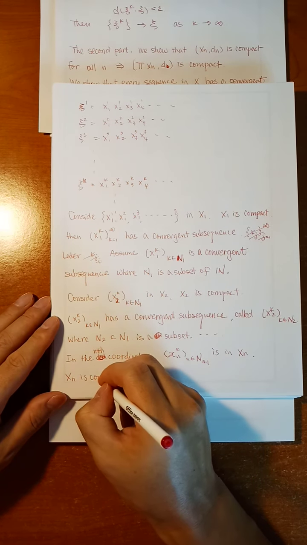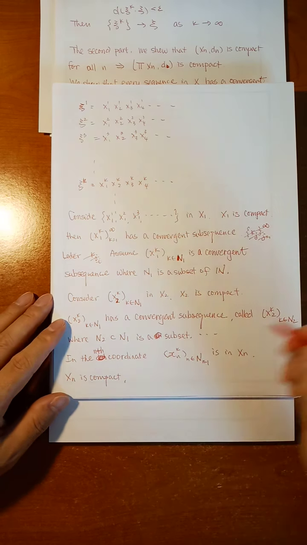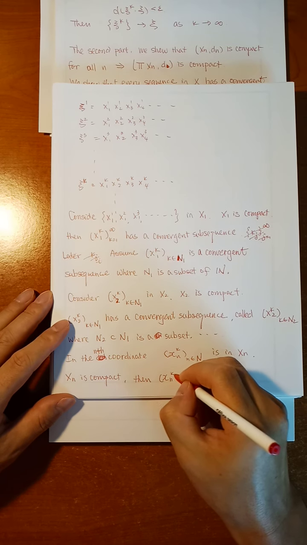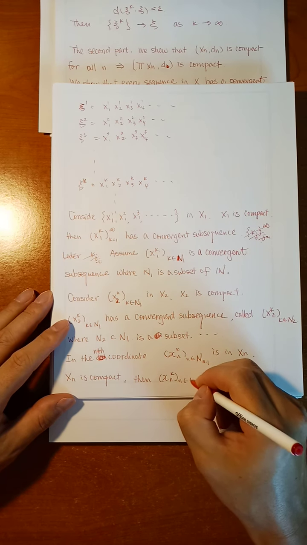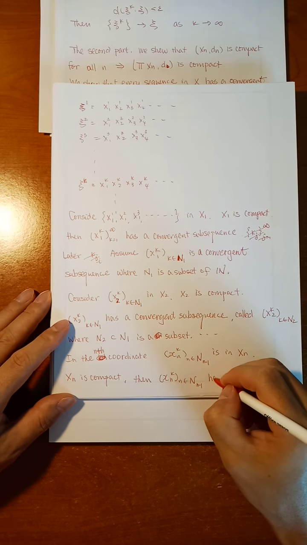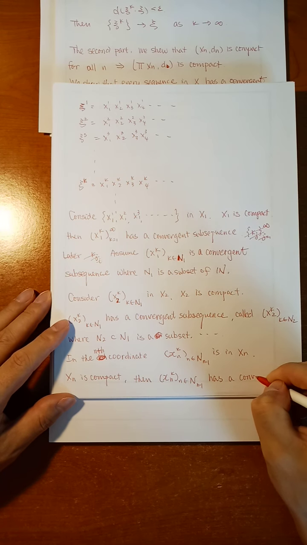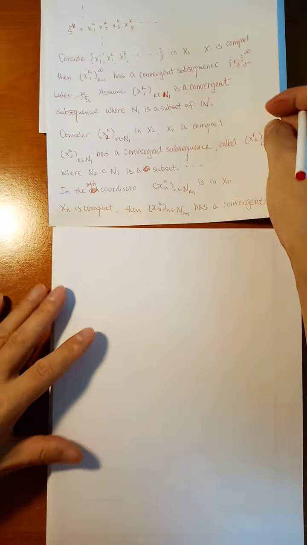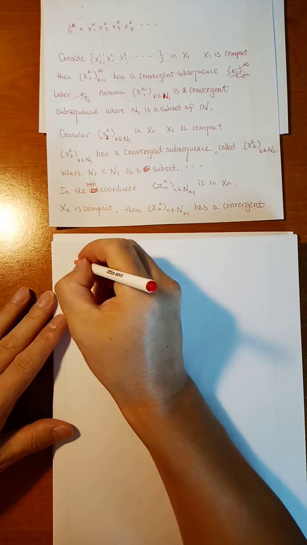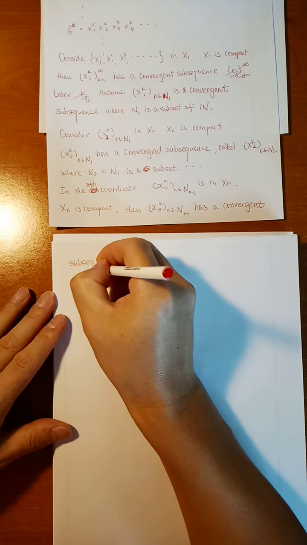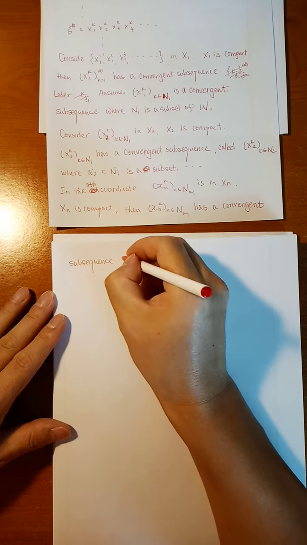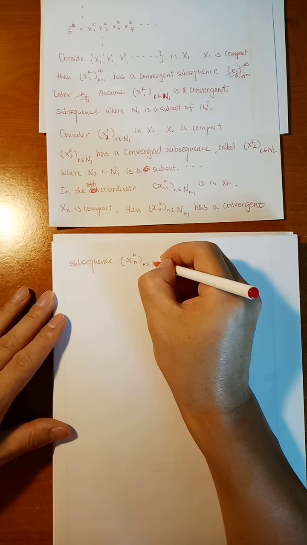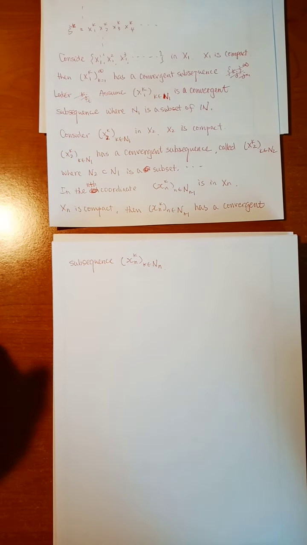Xn is compact. Then x_k^n, k in N_{n-1}, has a convergent subsequence. A convergent subsequence is denoted by x_k^n, k belongs to N_n.